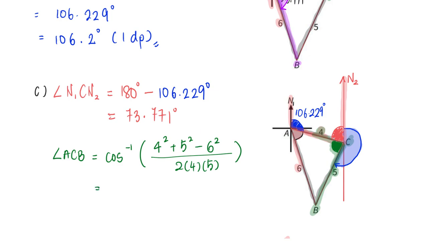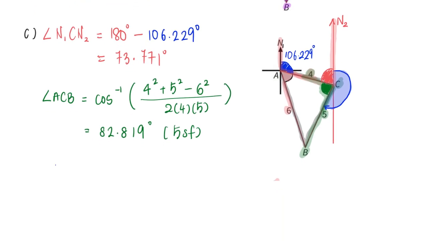And I will then be able to get my angle ACB easily. And once I do this, I will then be able to get my bearing straightforwardly, angles at a point, isn't it?